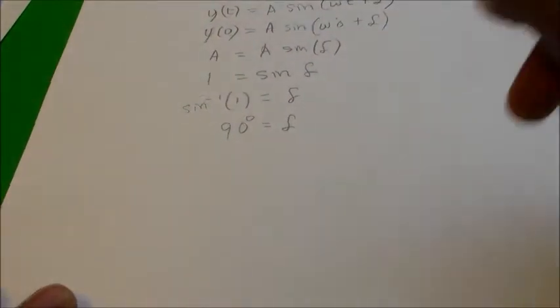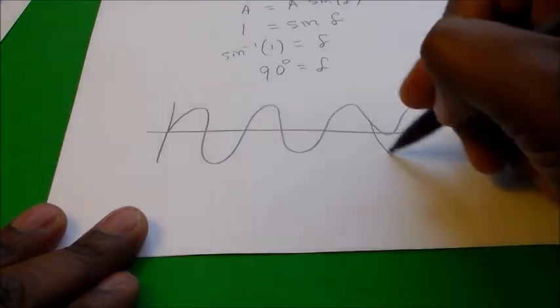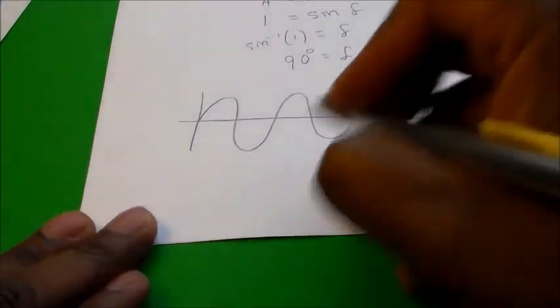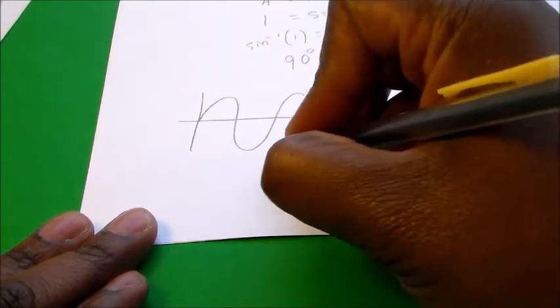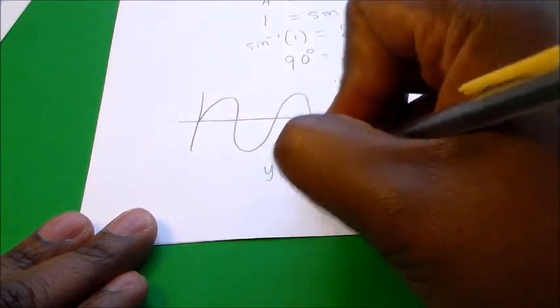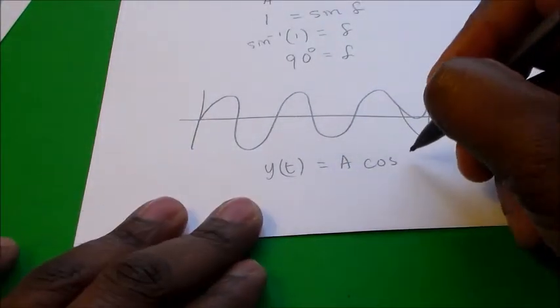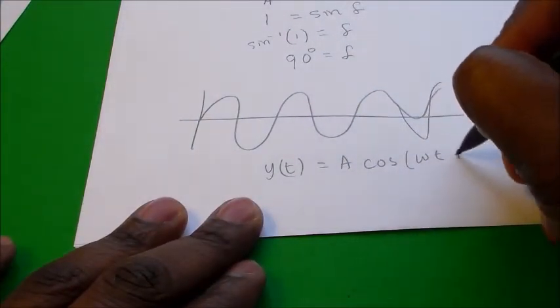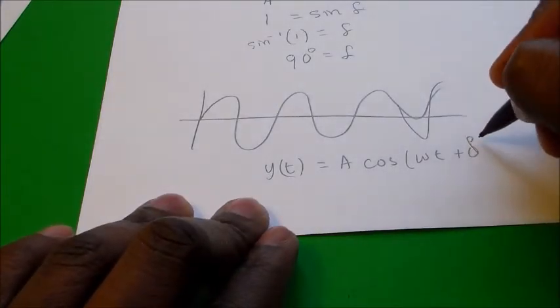Okay, let's say for instance you had a sine wave and you're asked to represent that sine wave using cosine, you do the exact same thing. y of t is equal to, in this case, a cosine of omega t plus that phase shift.